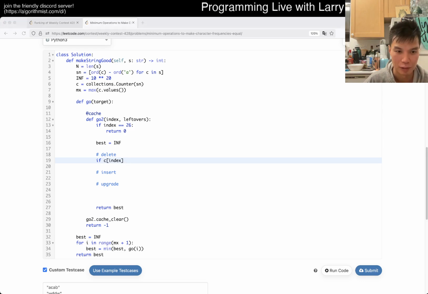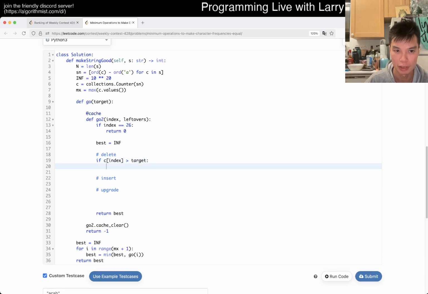Okay, if this is greater than target, then we just go to index plus 1. We have to remove the difference. No, that's the leftover array. So this minus target is the delta. So that's one way to delete it, right?